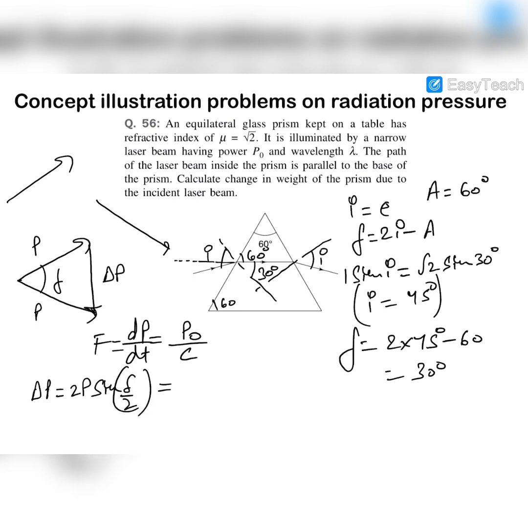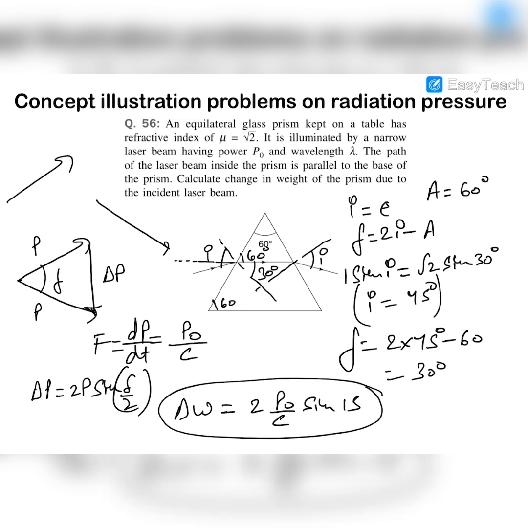So if we talk about momentum change per second, delta p by t, which is the change in the weight of the prism, delta W, will be twice of P naught by c, and sine delta by 2, delta is 30 degree, so sine 15 degree. So this is the change in the weight of the prism.